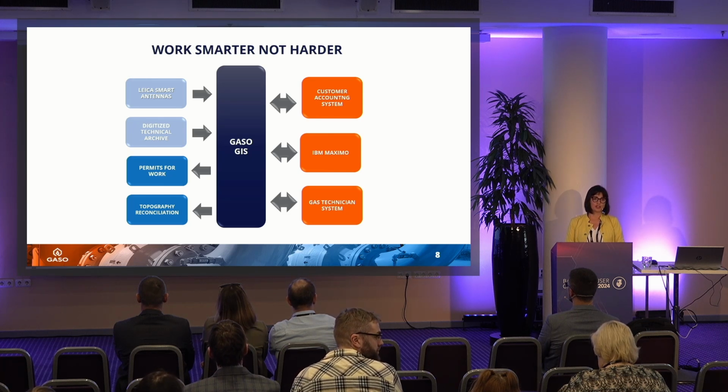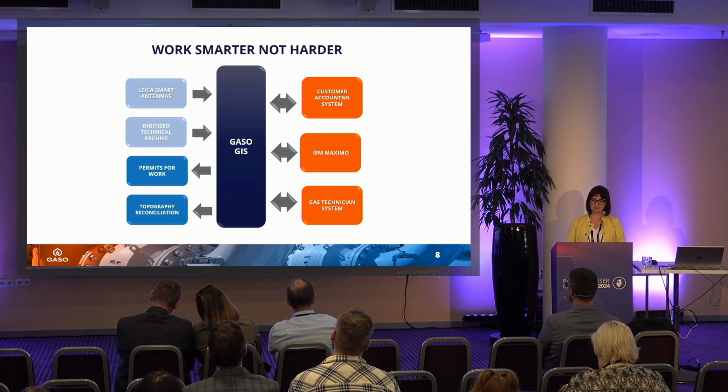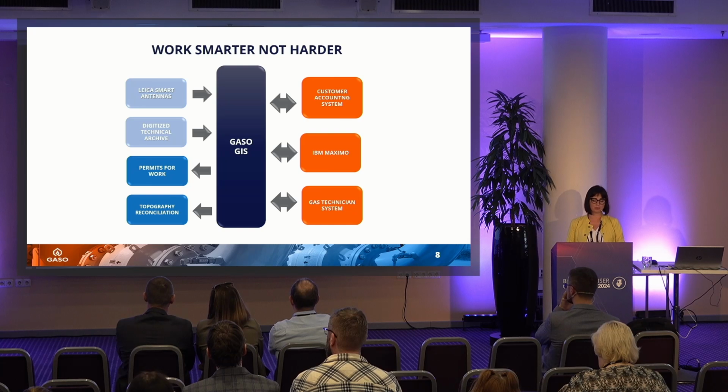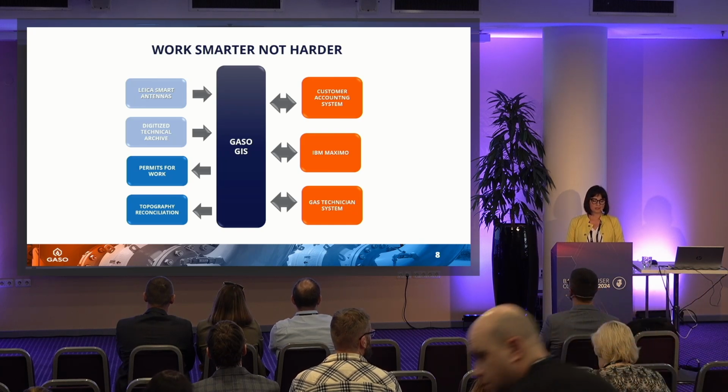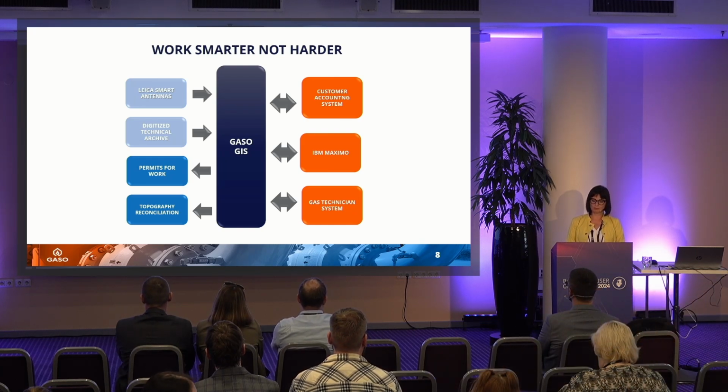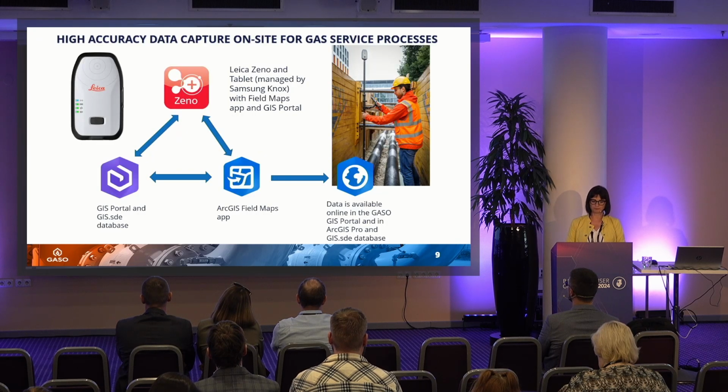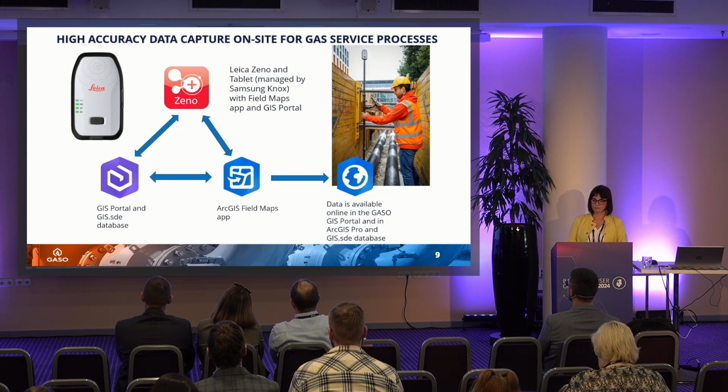So GIS is here to help operate with all that historical, spatial, and technical information on the go. Now I will tell you a little bit more about some of these integrations.